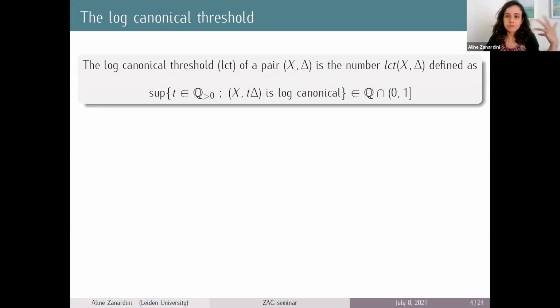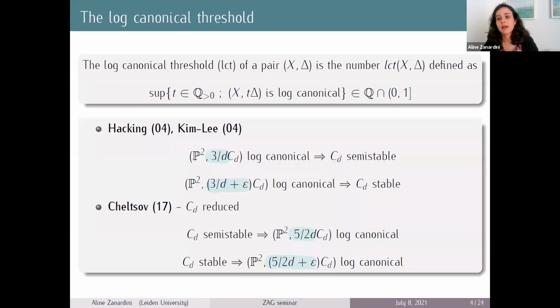Okay, so let me now just point out the following. In the beginning, I told you that one of my goals is to relate the stability of a pencil to the log canonical threshold. In fact, this idea of relating these two notions has appeared before.